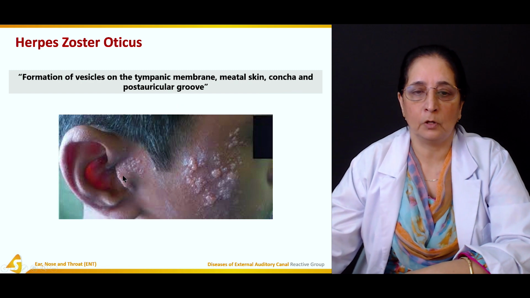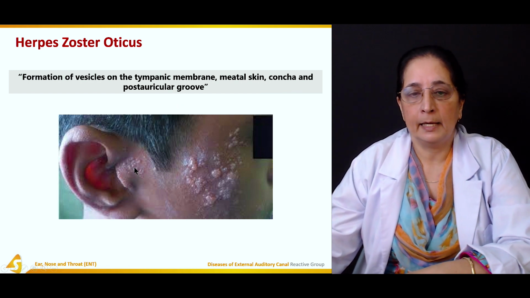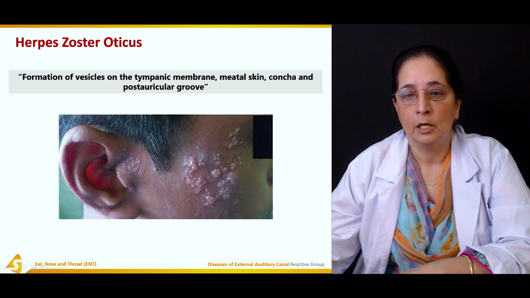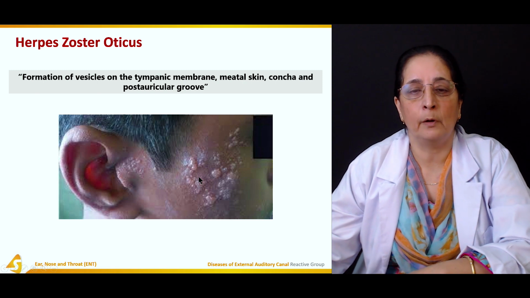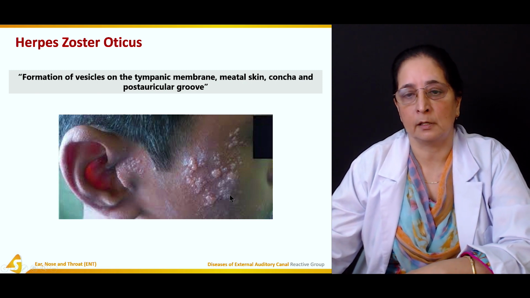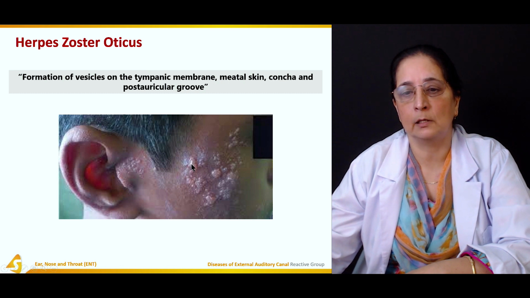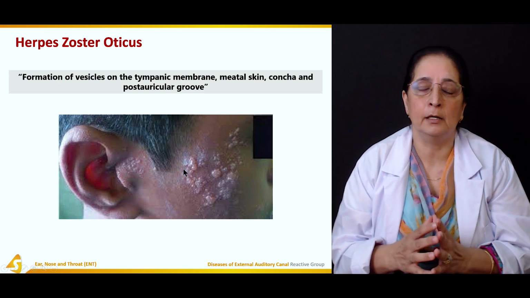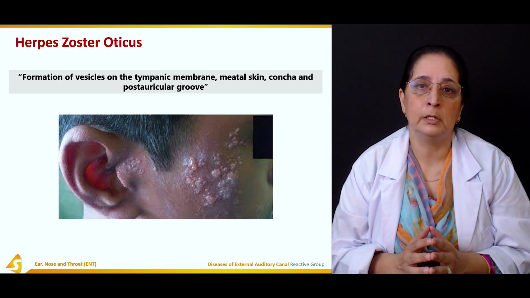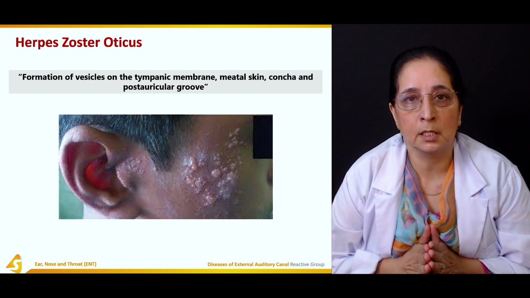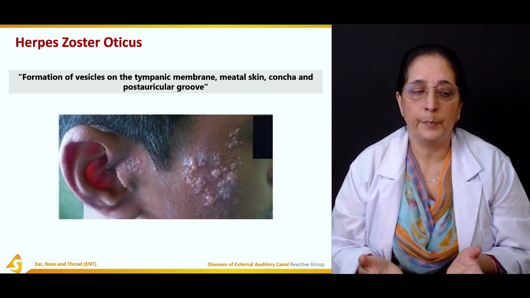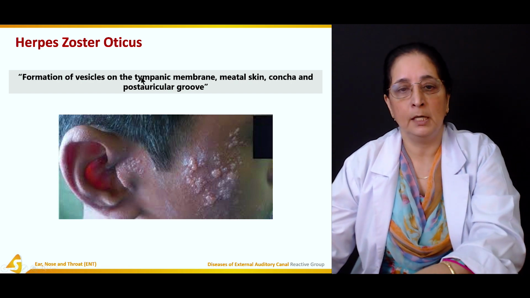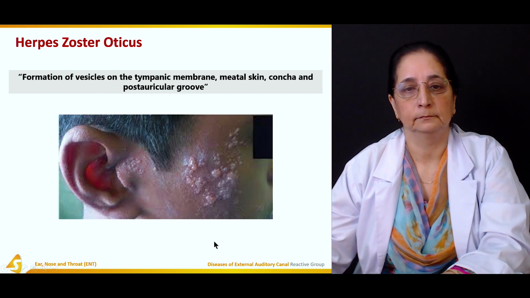So all these, the post-auricular groove, and then even the concha and tympanic membrane, are involved. All these are the vesicles of herpes zoster. A very, very typical appearance of herpes zoster vesicles. So when they reach the ear and affect the ear, it's known as herpes zoster oticus, caused by the herpes zoster virus. So it's a viral infection of the ear.